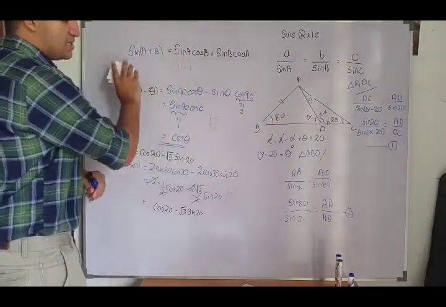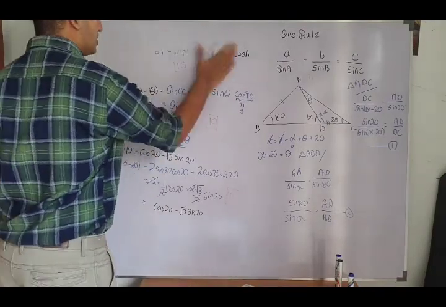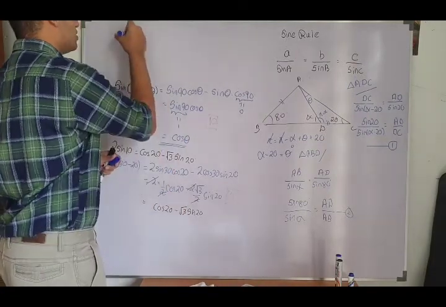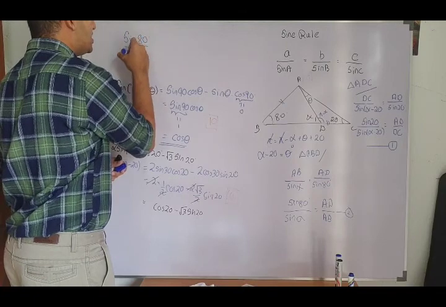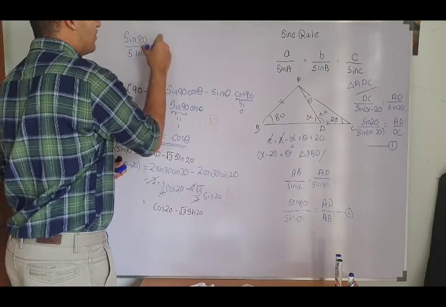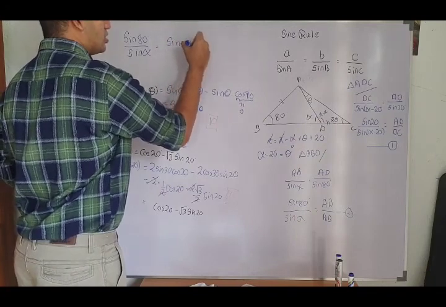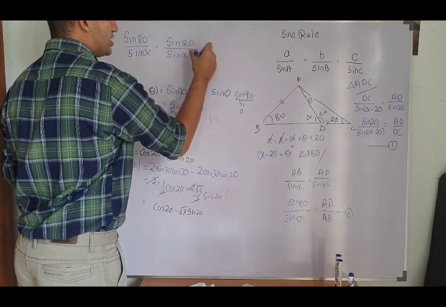Since I'm lacking some space, I will erase this first part. Sine 80 over sine alpha is equal to sine 20 over sine alpha minus 20.